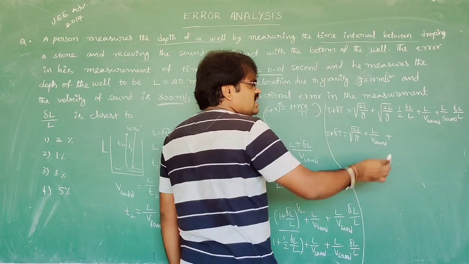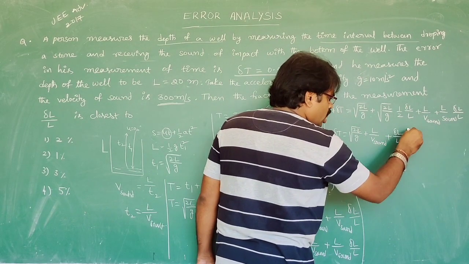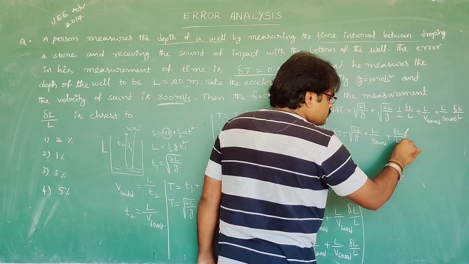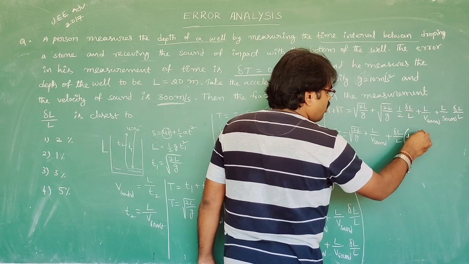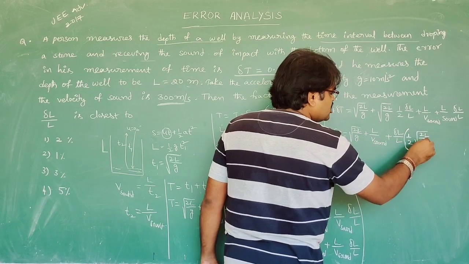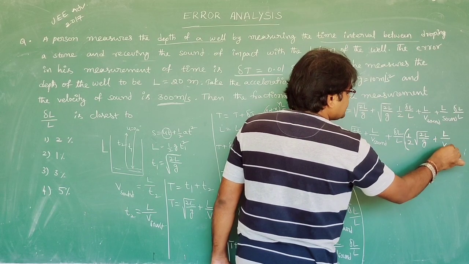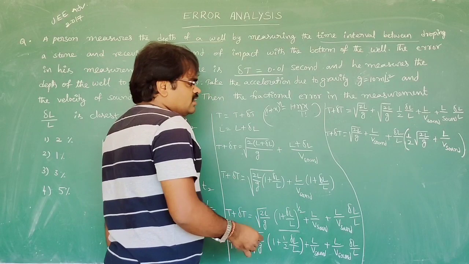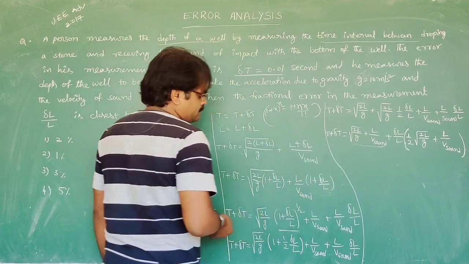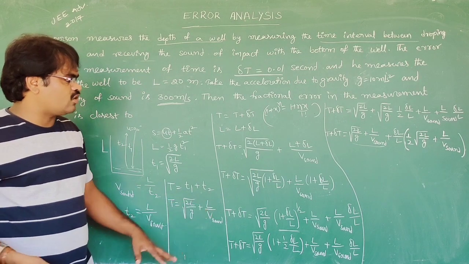Plus, in this we can take delta L by L common. What remains? 1 by 2 into root of 2L by g plus L by v sound. This is nothing but T. Here T is equal to root of 2L by g plus L by v sound.